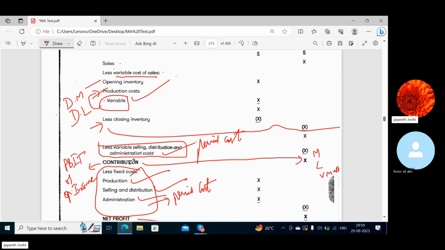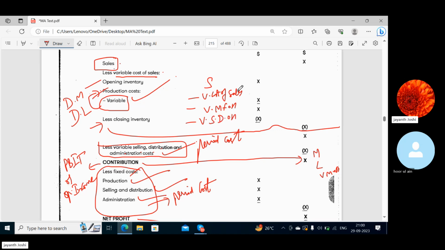because the statement can be somewhat lengthy to understand, but when you see the statement clearly, you have taken sales. From that you removed variable cost of sales, right? You removed variable manufacturing cost, you removed variable selling and distribution cost. So sales minus variable cost of sales, less variable manufacturing overheads, variable selling and distribution overheads.